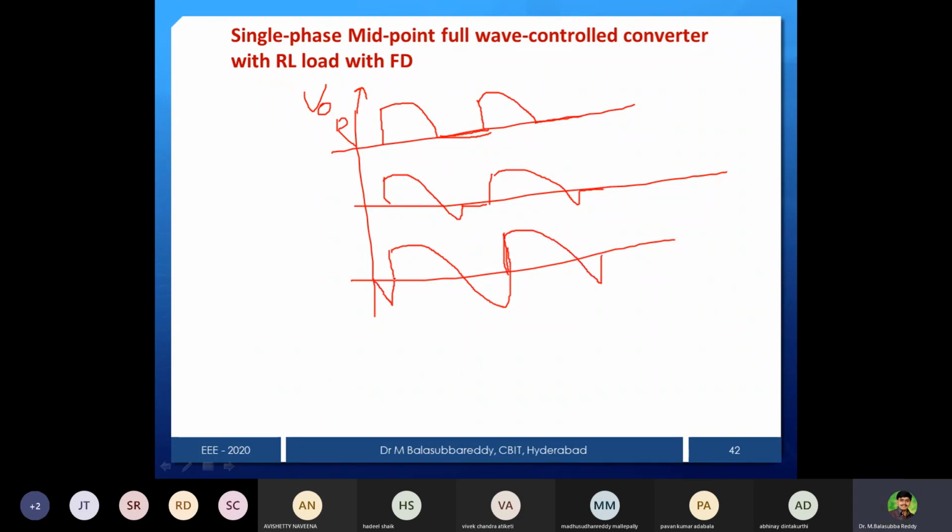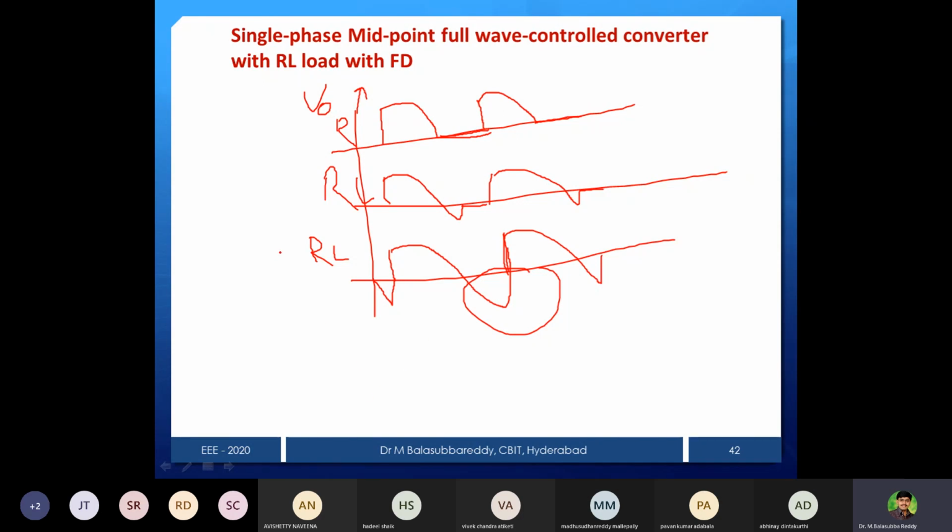So we can see there is a negative voltage present in the case of RL load. Whether it is continuous or discontinuous mode is decided by the inductor value, firing angle and so on. If the inductor value is large, it will be a continuous mode of operation. If the inductor value is small, it is a discontinuous mode of operation.